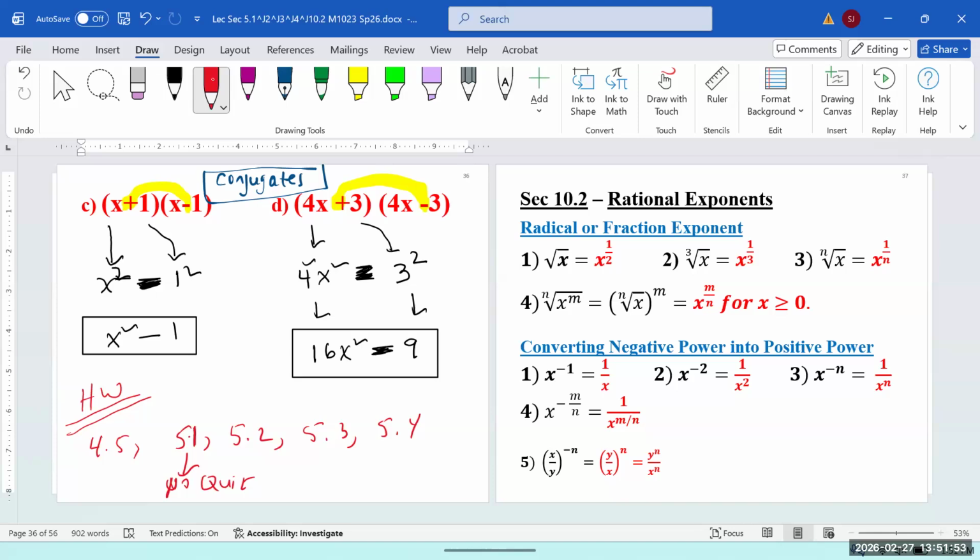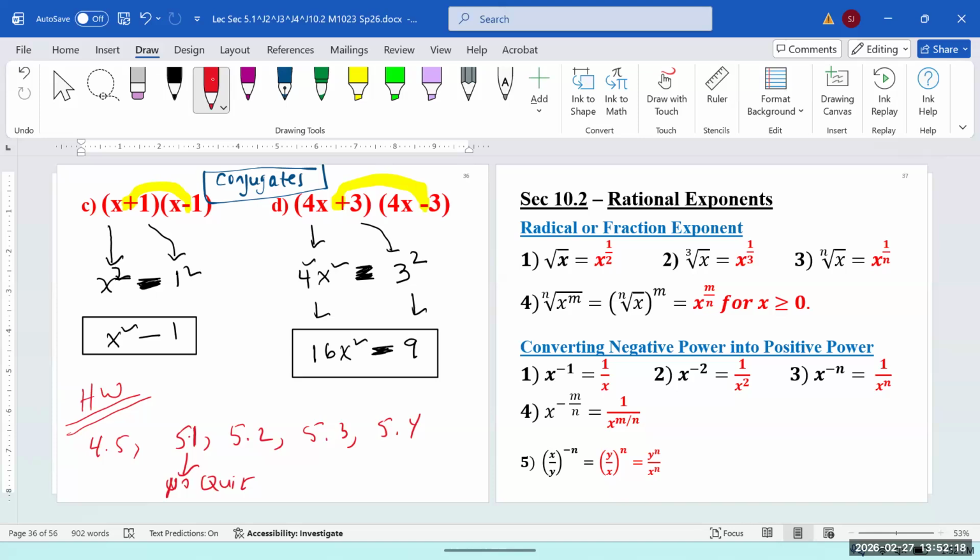So write down all these rules. The first rule says if you have a square root, it means it's x to the 1/2 power. So a square root is not a polynomial because our power is not a whole number, it's a fraction. The next rule says if you have a cube root, it's the same as x to the 1/3 power.